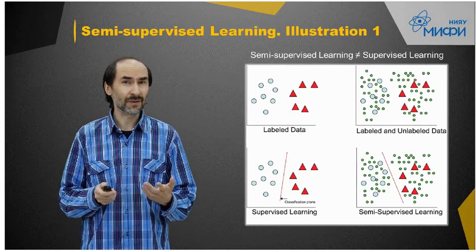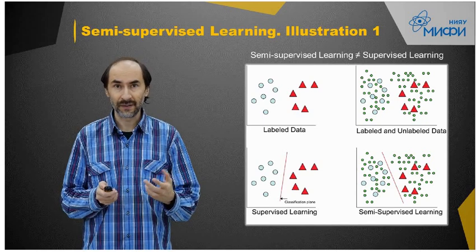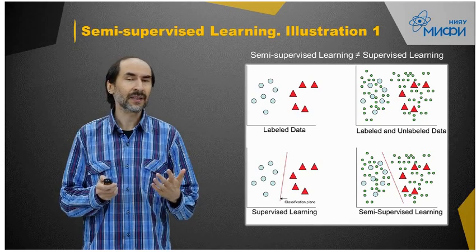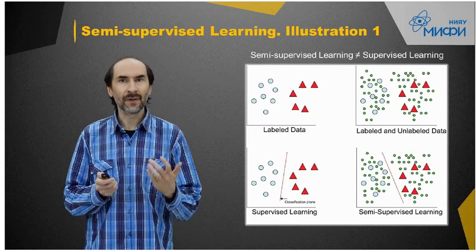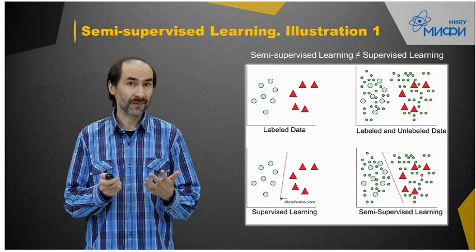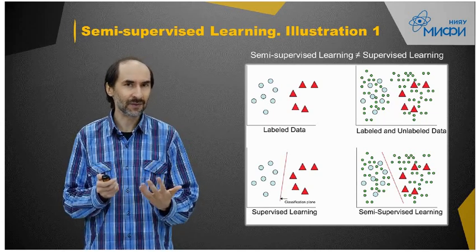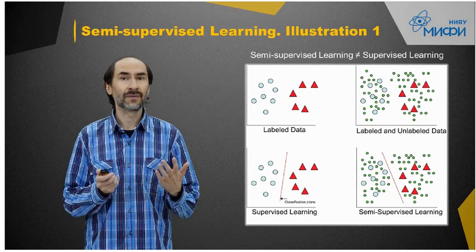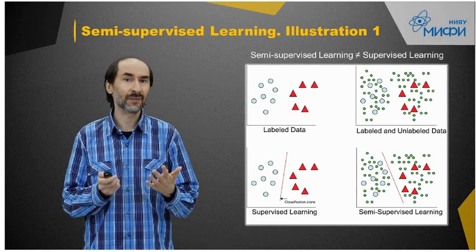But if we also have unlabeled data, as shown in the top right figure, then the solution can be different. Because in spite of the unknown labels, we can suggest them for some data, and these suggestions can change the solution. The result of semi-supervised classification is shown in the bottom right figure.